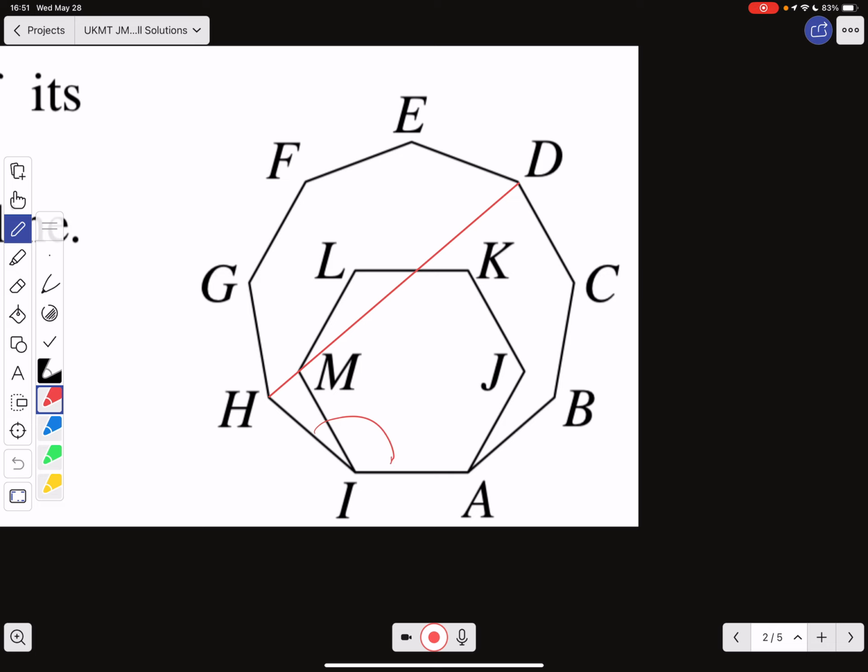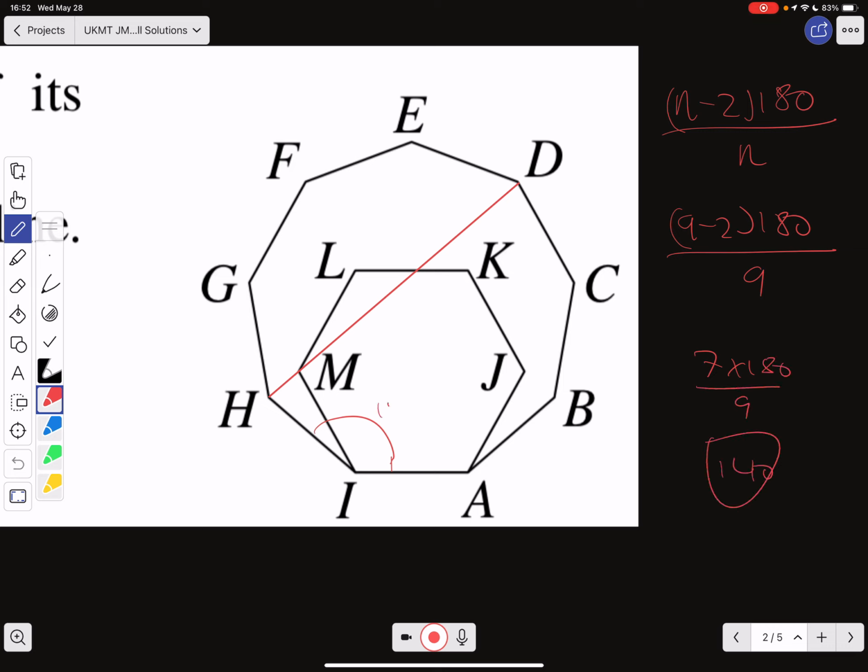So this angle over here is the interior angle of a regular nonagon, and we can work that out from this formula. We plug the n value in, which is the number of sides, and boom. We get 7 times 180 over 9, which is 140 degrees.